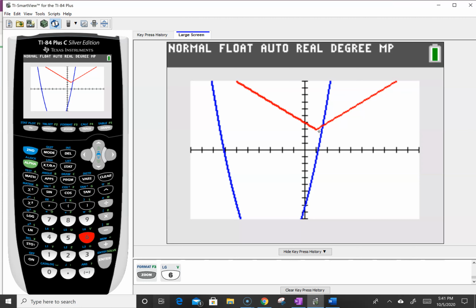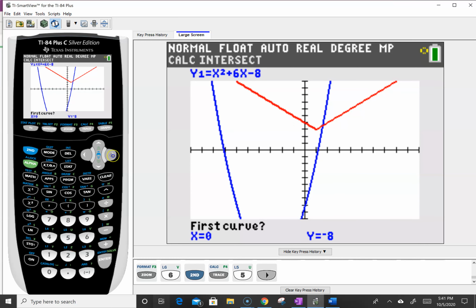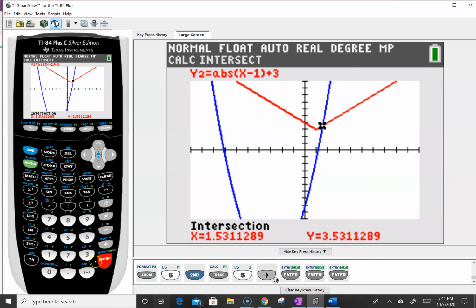Or I can move things around. It doesn't really matter. Okay, so I'm going to do second calculate. I want an intersection, and I'm going to move this up here.